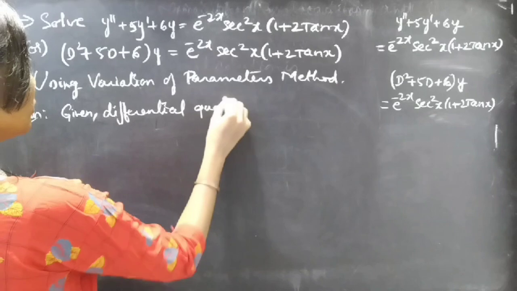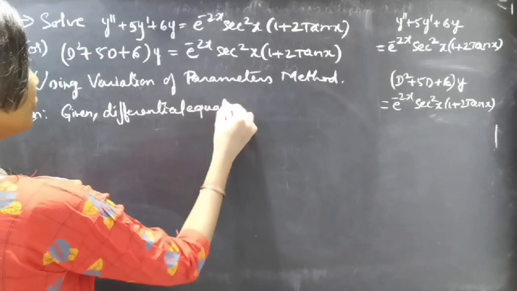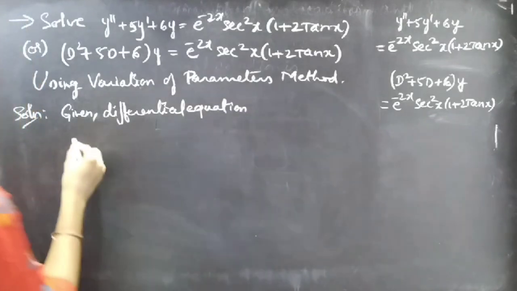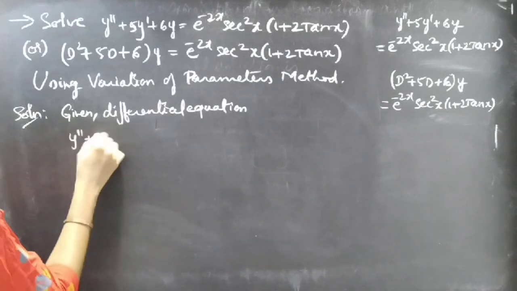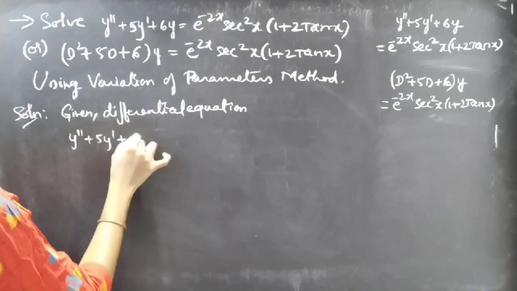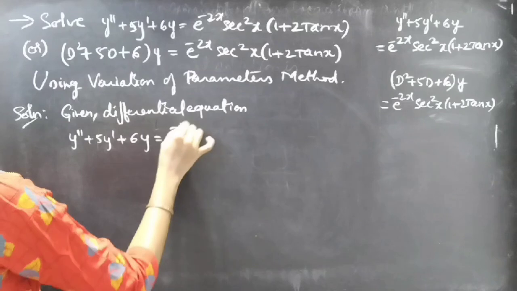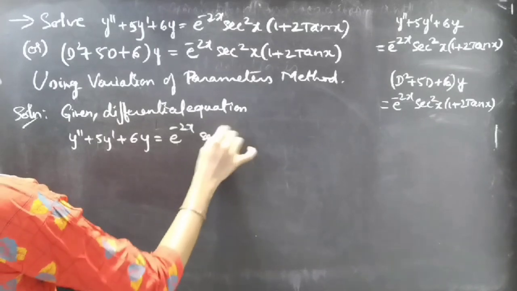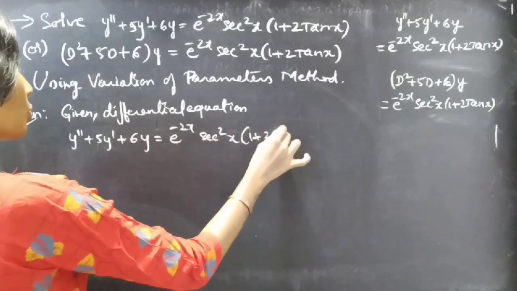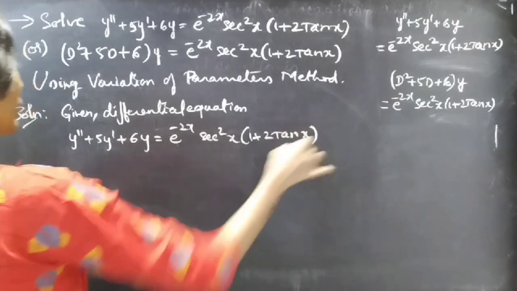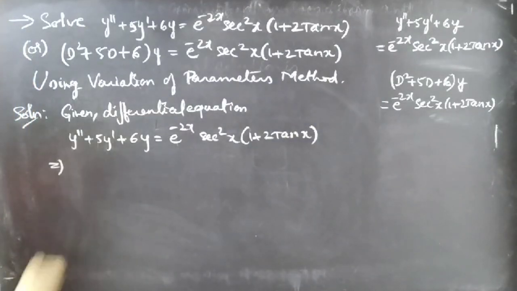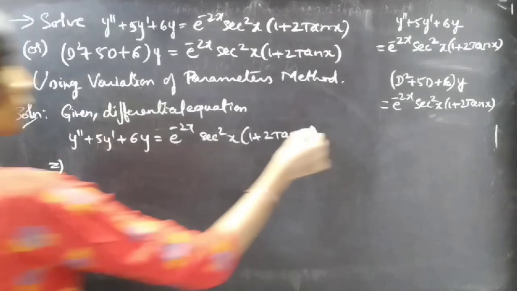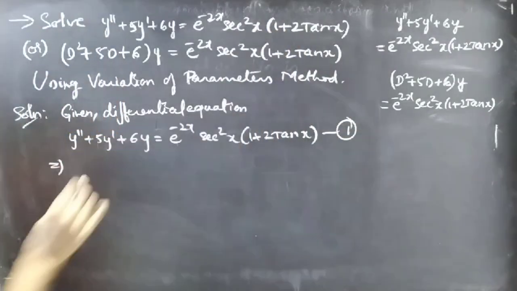Given differential equation, y double dash plus 5y dash plus 6y equal to e power minus 2x secant square x of 1 plus 2 tan x. Consider the given equation as equation 1.